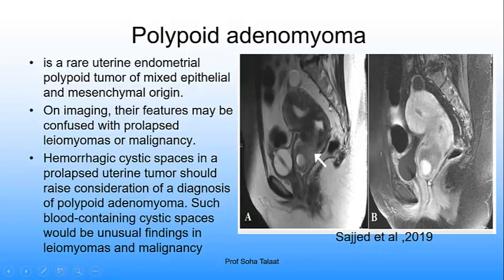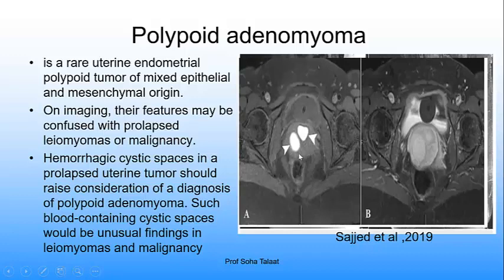It takes less enhancement than the myometrium. And here is the T1 showing that these cystic spaces contain blood. This is characteristic for the polypoid adenomyoma, but take care that sometimes a fibroid with red degeneration, or malignancy, may also cause blood in a pedunculated lesion.